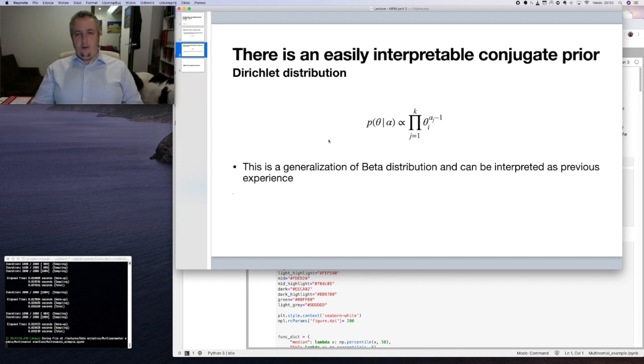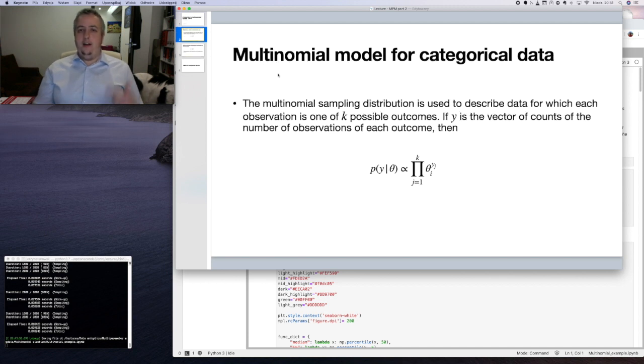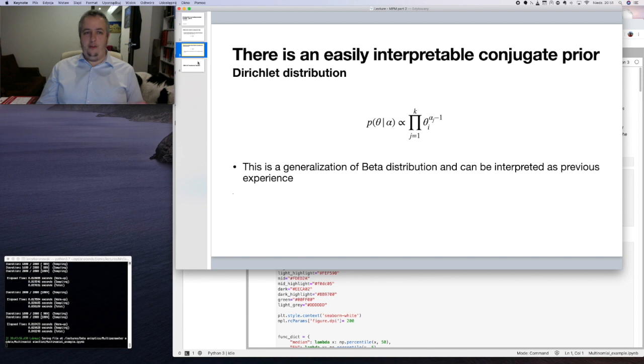So this is our theory. We have our multinomial model for categorical data, and in case of this model, we are predicting values of how many events happen in each category, and they are dependent on parameters theta. So our multiple parameters are probabilities of each category, which we can assign a prior using, for example, the Dirichlet distribution.